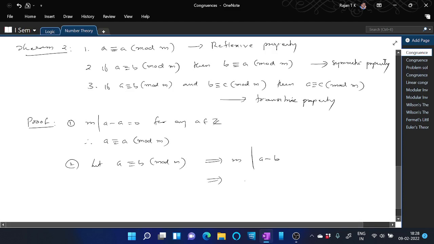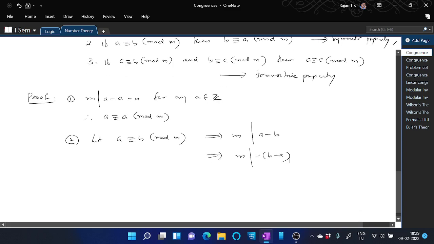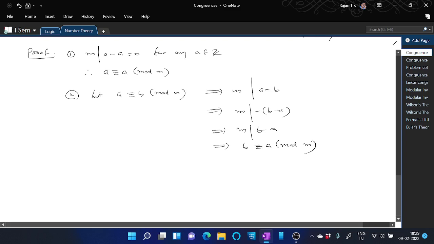If m divides A minus B, clearly m divides minus of B minus A. That is, m divides B minus A. And as per the definition, this says that B is congruent to A mod m. So, if A is related to B, B is related to A. Such a property we call the symmetric property.